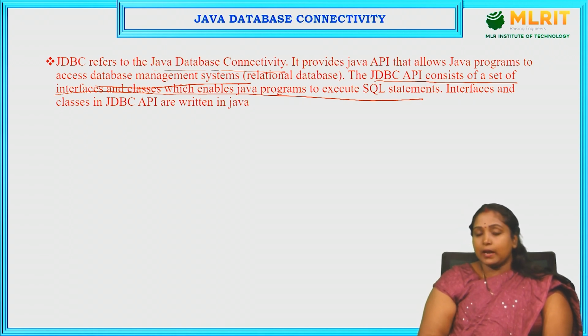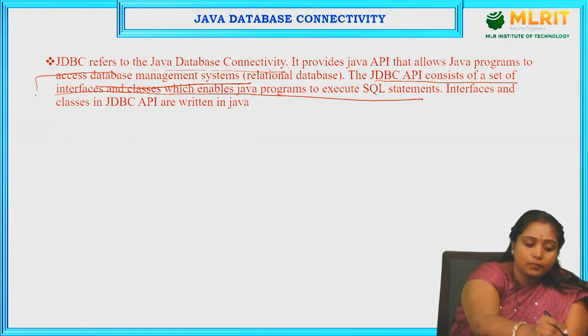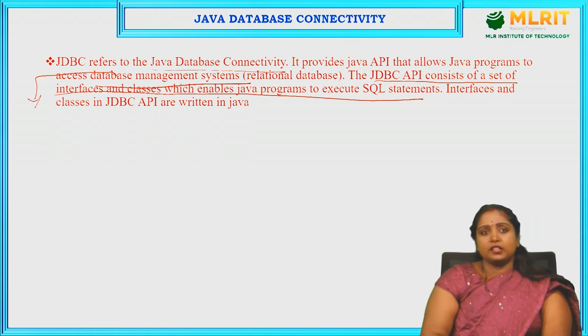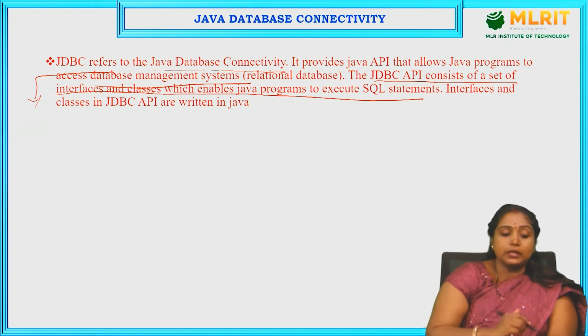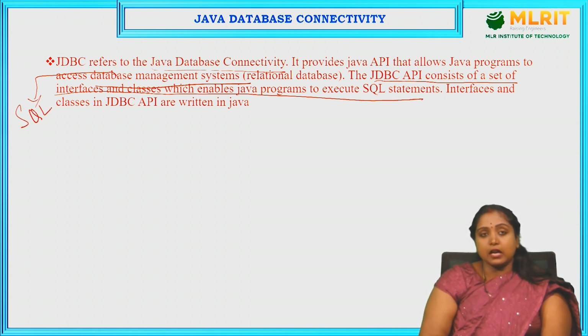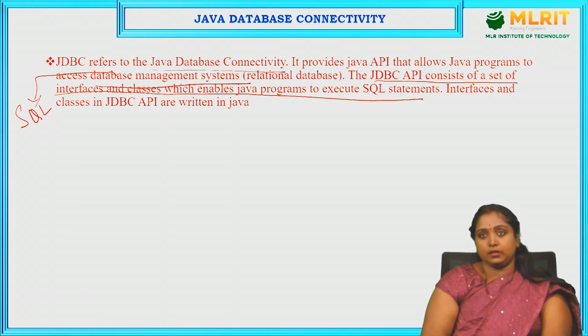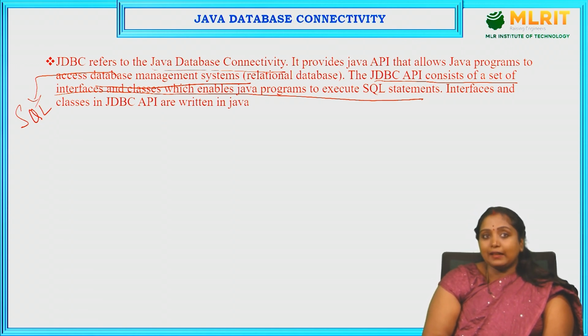Database management system is nothing but DBMS. It consists of many statements. The language used for DBMS is SQL, isn't it? So we will write the Java program in order to execute these SQL statements. The interfaces and classes in the JDBC API are already built. There are built-in interfaces and built-in classes which are available in Java.